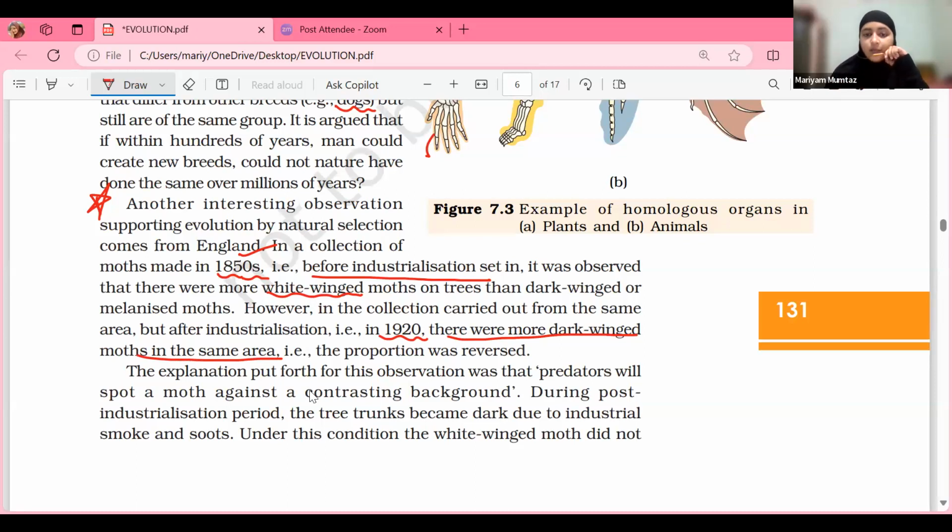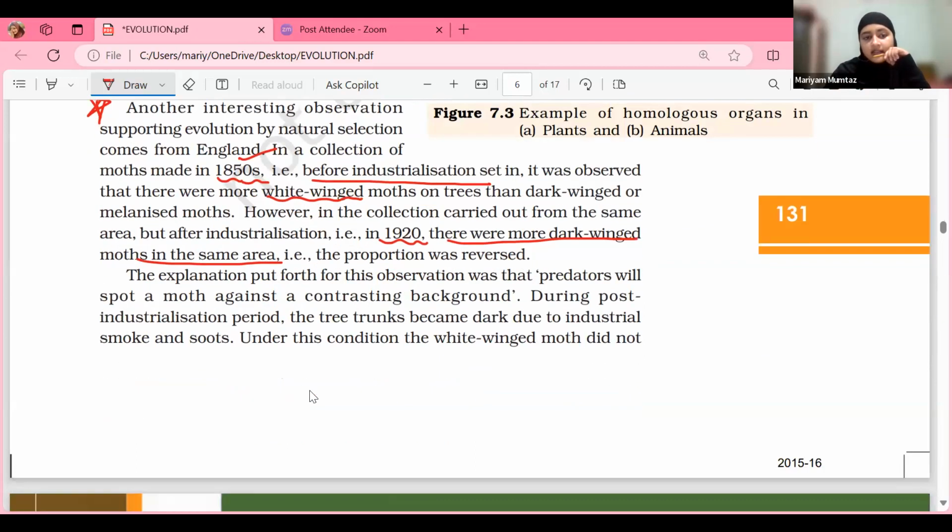So the explanation that they gave is that predators will spot a moth against a contrasting background. When a white moth is present on a dark background, the white moth can be easily spotted, or if a black moth is sitting on a light background, then that can be easily spotted.